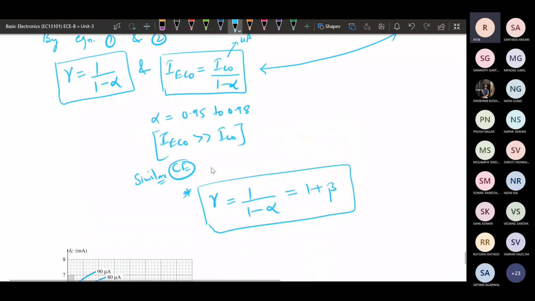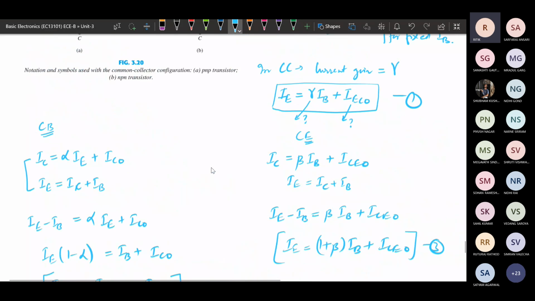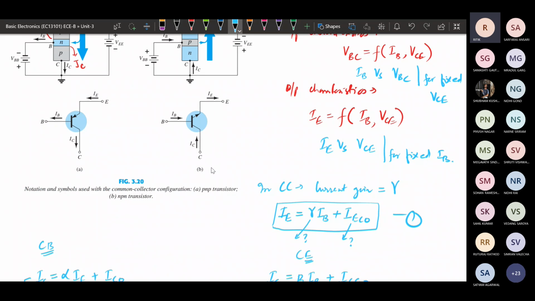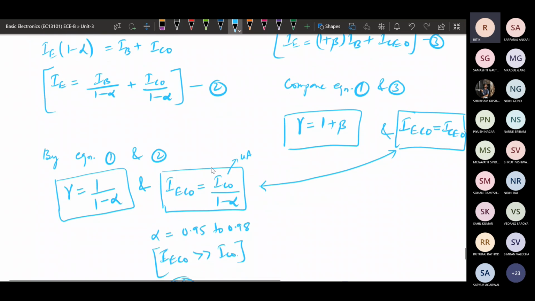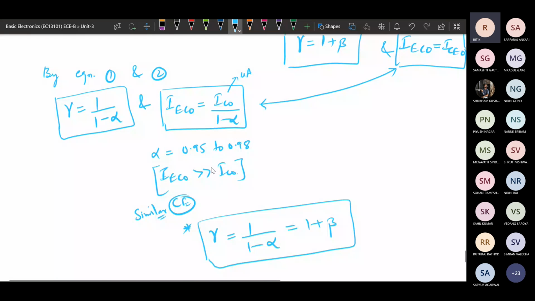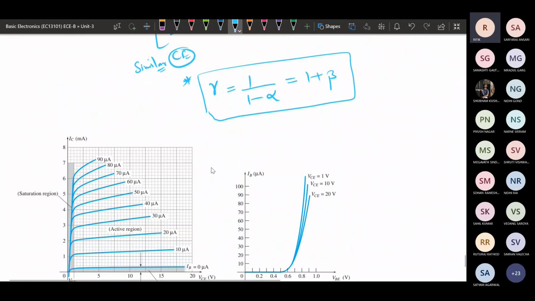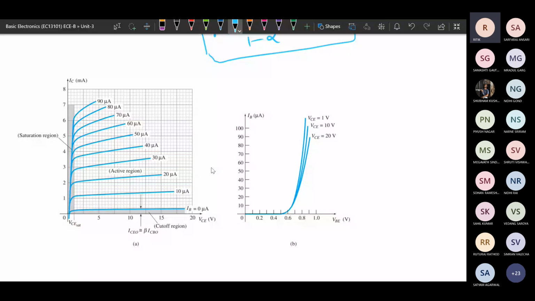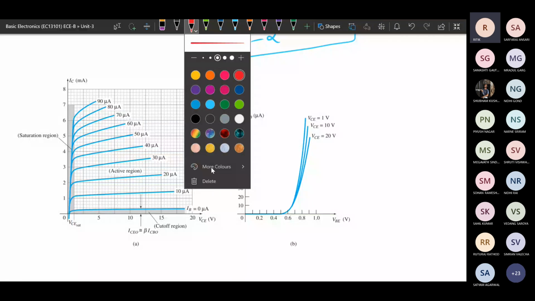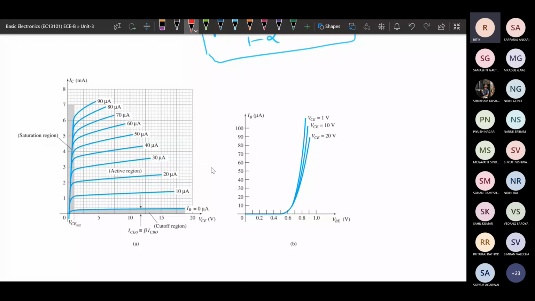Also we need to plot the curve that is the emitter current IE versus VCE plot, for fixed IB. We already know in common emitter configuration we have already plotted this graph. In common emitter we have plotted the output characteristics as IC versus VCE.